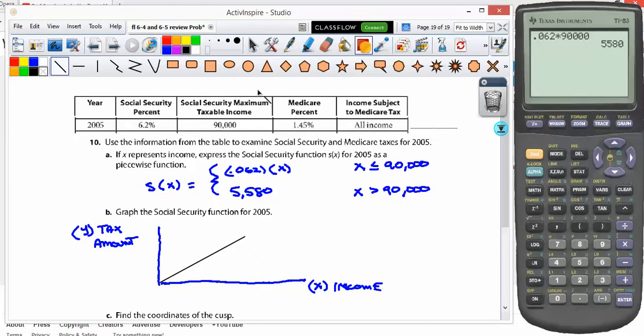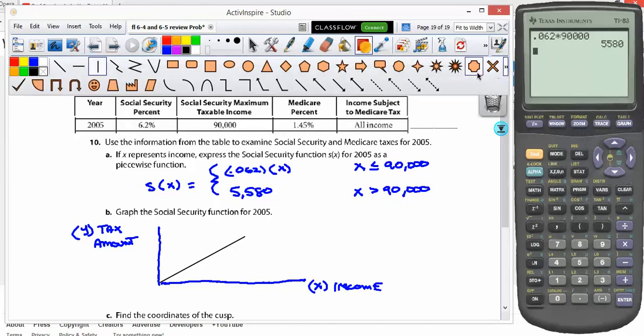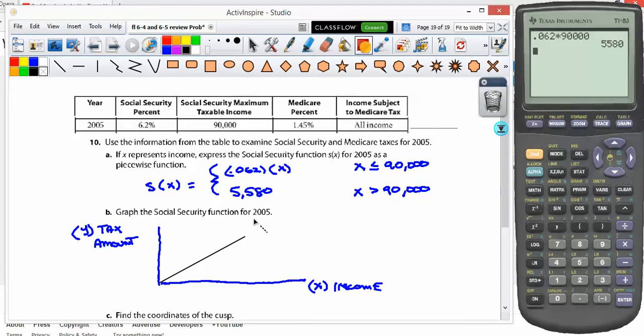And then, at some point, it's going to flatten out, like that.